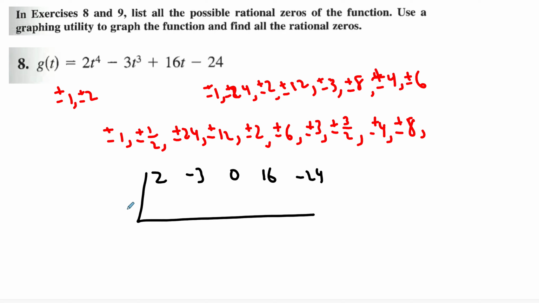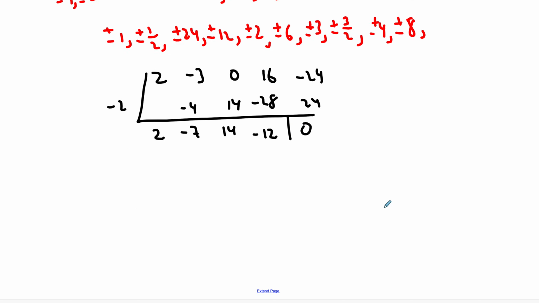And I'm going to divide it by negative 2 first. So that's going to be 2. Negative 4, negative 7, 14, negative 28, which is negative 12, and 24, which is indeed what we hope for. So that would mean we have one factor out.